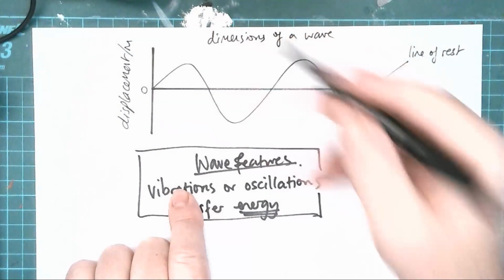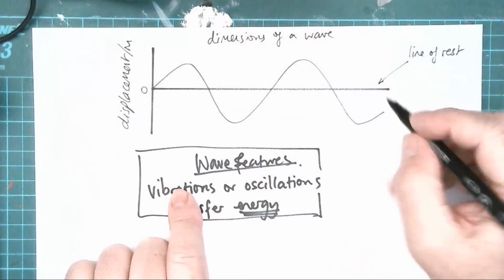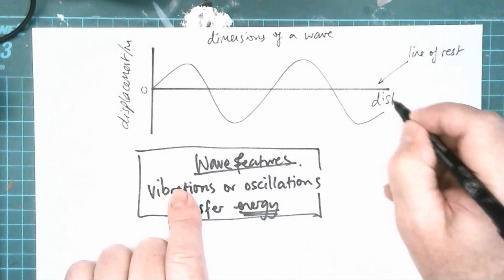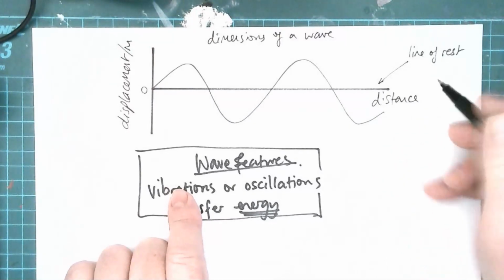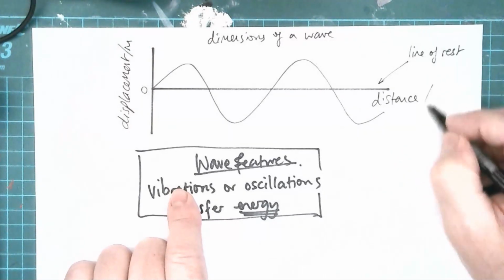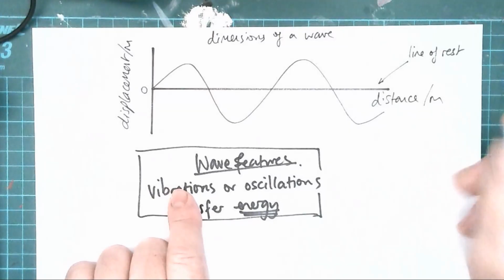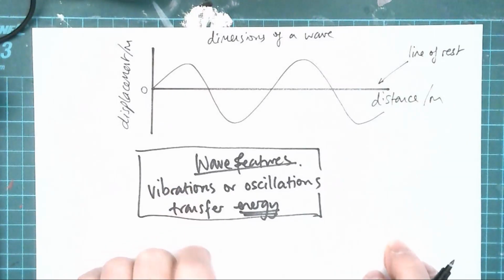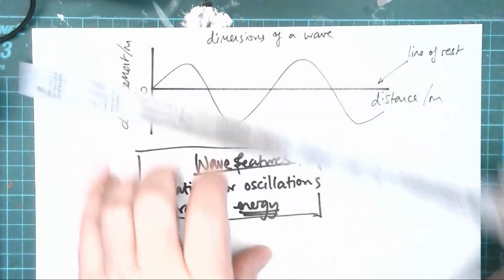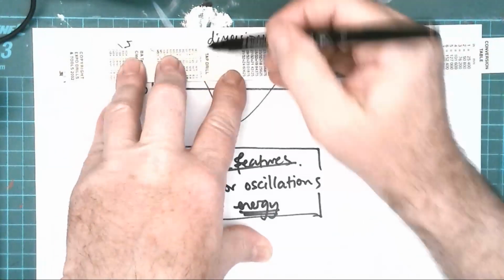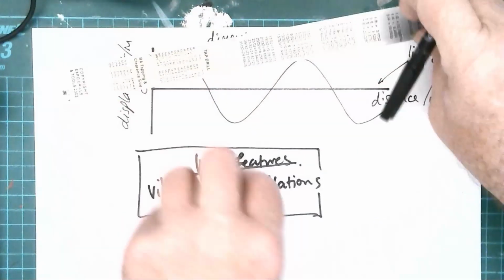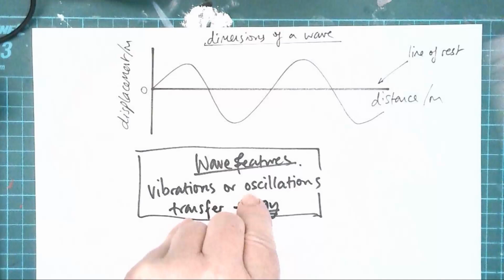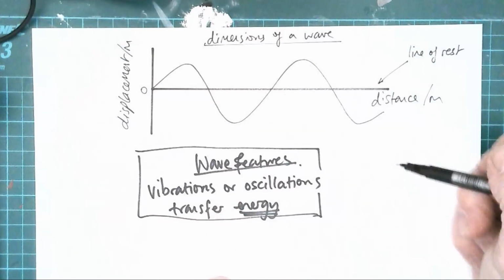On the x-axis, we can think about how far each wave has traveled. We can think about the distance along the wave we're referring to. So that is also a measurement of distance. So in terms of wave dimensions, we can think about how far along the wave we are, and we can think about how far above or below the line of rest we are.